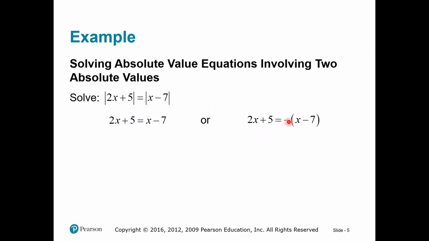One with the positive x minus 7. One has the negative x minus 7 right here. Solve for x for the first one here.